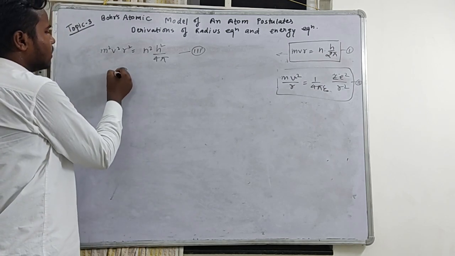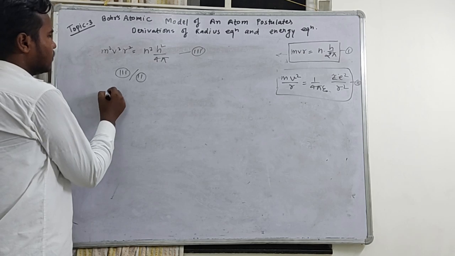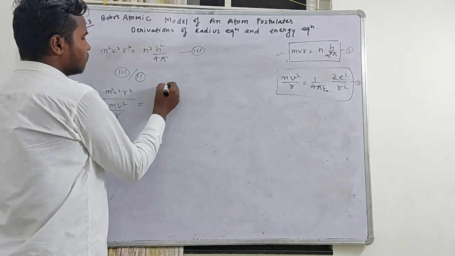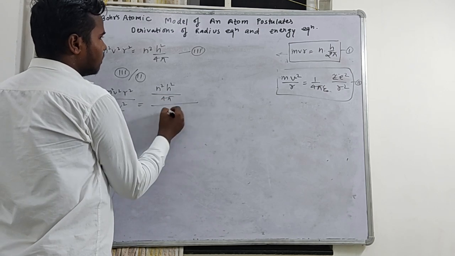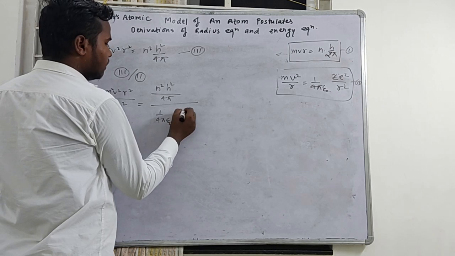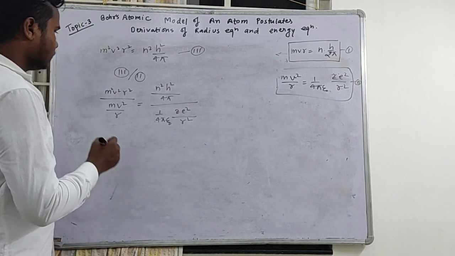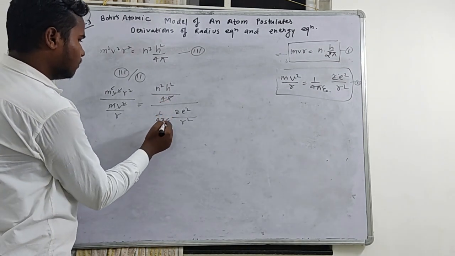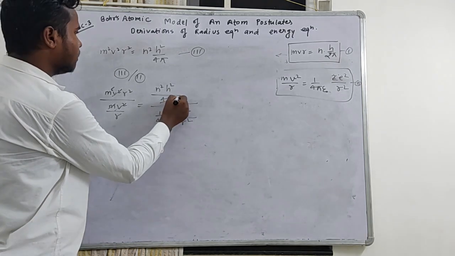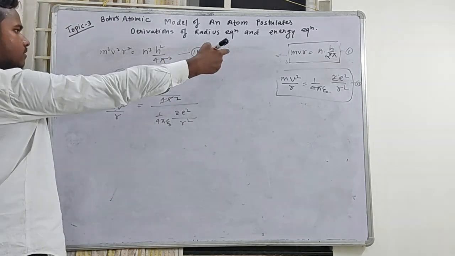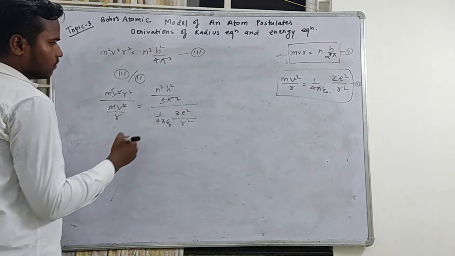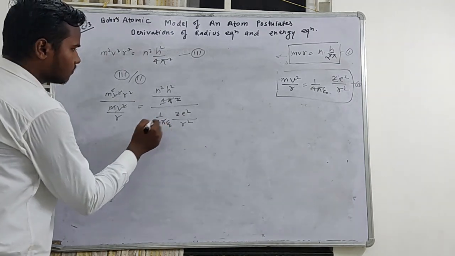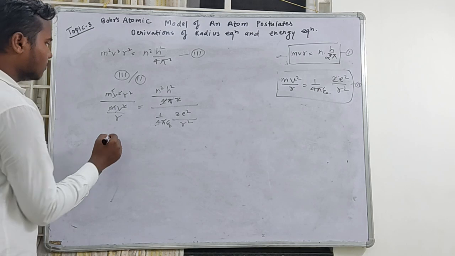Then we will divide the third by the second: m square v square r square divided by m v square upon r is equal to n square h square upon 4 pi square divided by 1 upon 4 pi epsilon naught z e square upon r square. m to m cancels, v square to v square cancels. Here it will be 4 pi square because we squared the first equation, so one pi will remain and one pi will cancel. 4 will be cancelled.